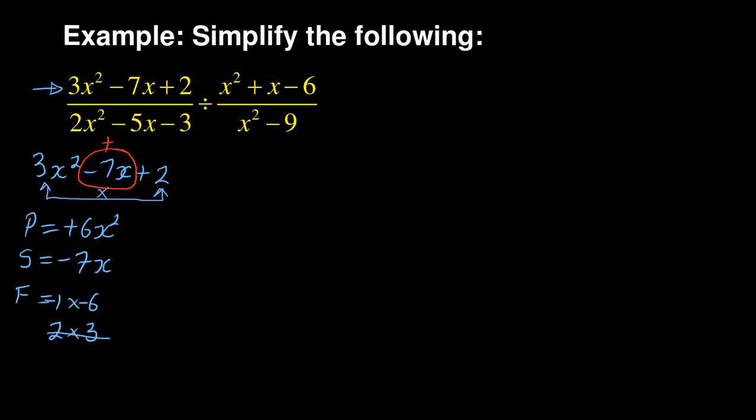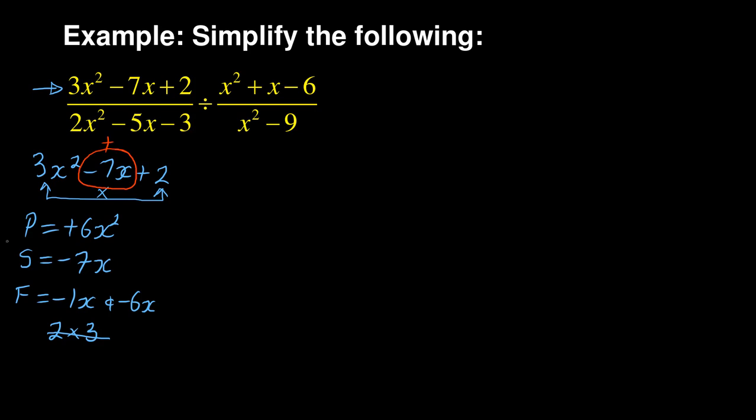So therefore, my factors in this case, since I have identified them as 1 and 6, are minus 1x and minus 6x. When I multiply minus 1 times minus 6, I'll get a positive 6x squared. And when I say minus 1x minus 6x, I'll get a sum of minus 7x.